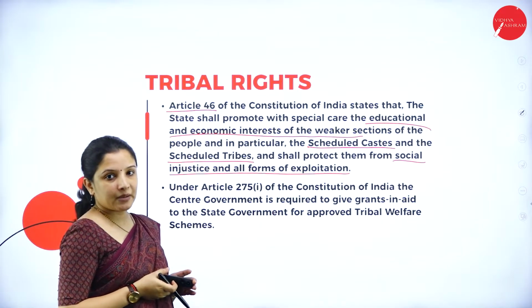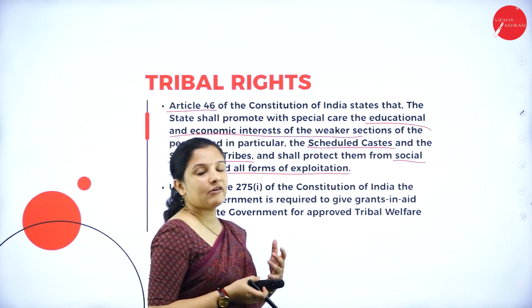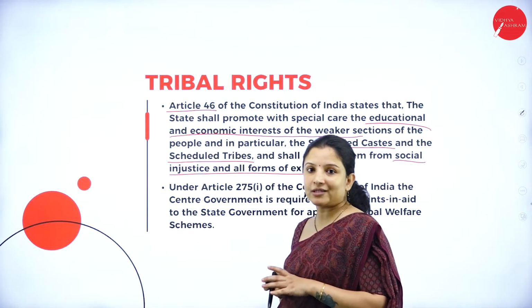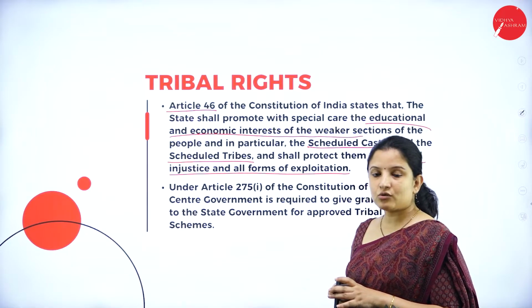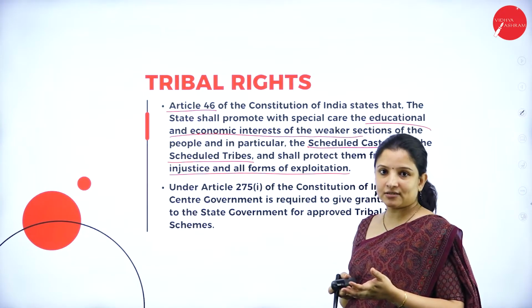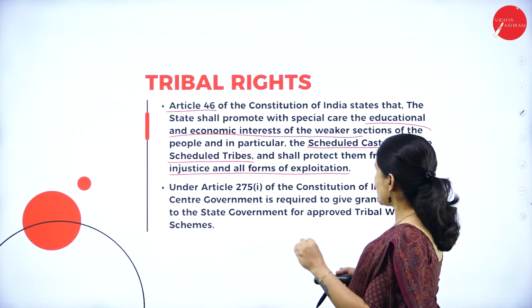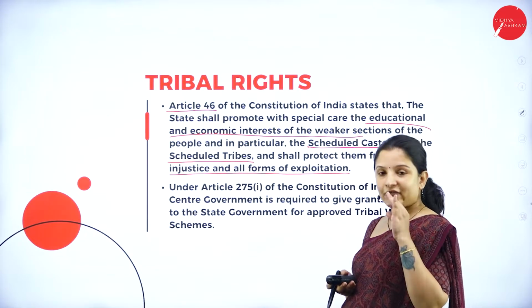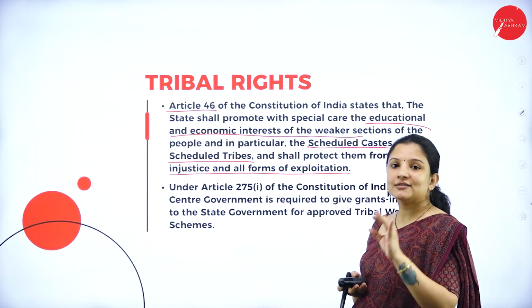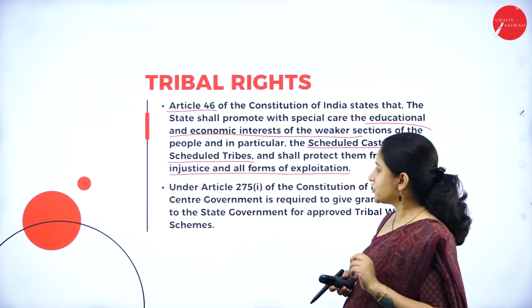So tribal people, as I told you, they don't have much knowledge about the outside world. So they are subjected to a lot of injustice. So separate rules and regulations have been made so that these people are given proper justice.